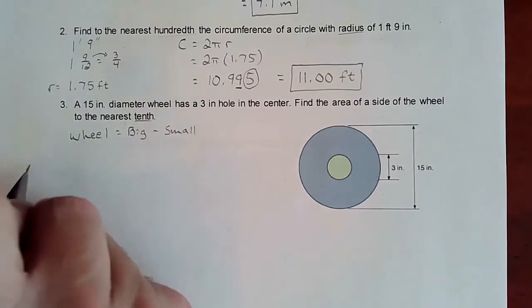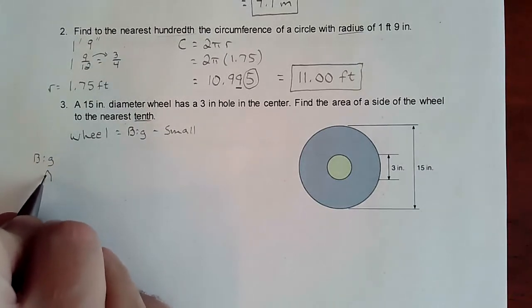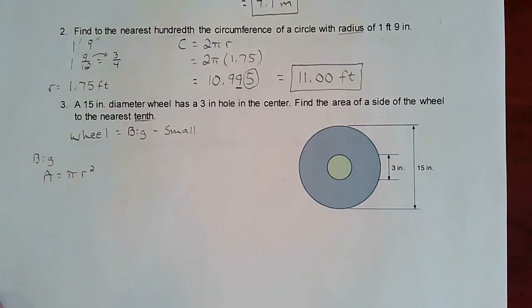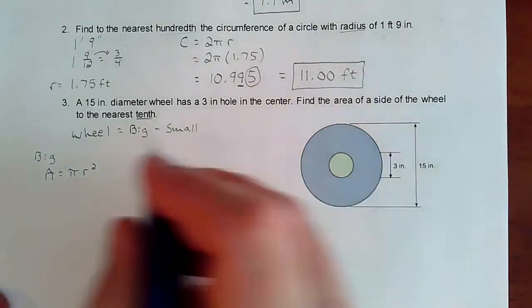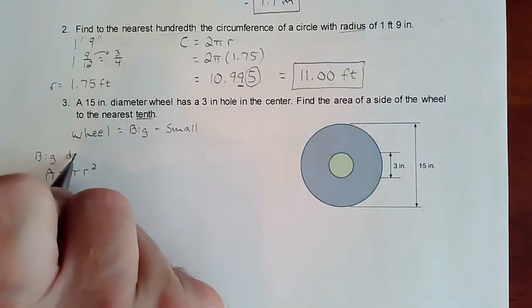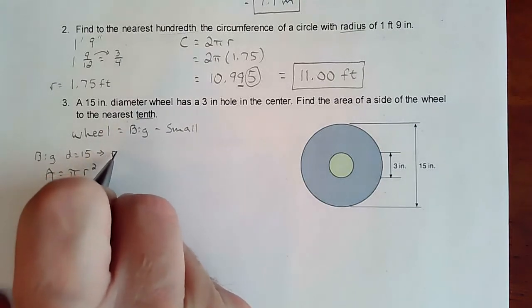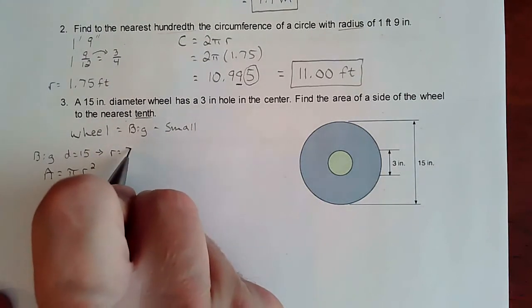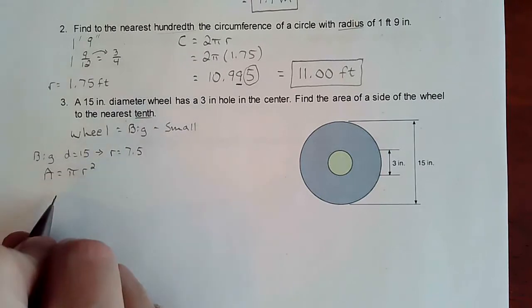All right, so big. Big is we are finding the area. Area is pi r squared. Well, we don't know the radius, we do know the diameter. So for the big, the diameter is 15, which means we cut it in half for the radius. So half of 15 is 7.5. So we'll throw this in.